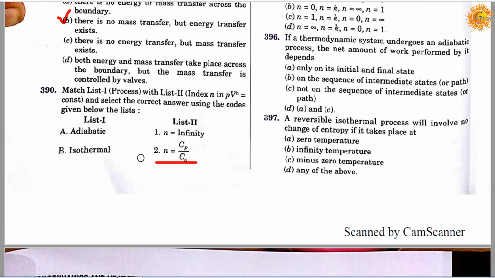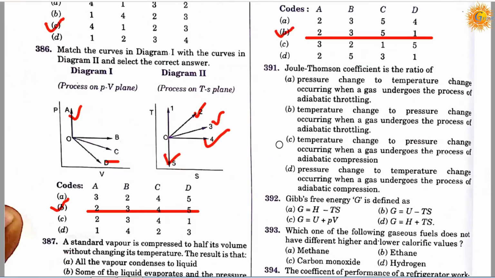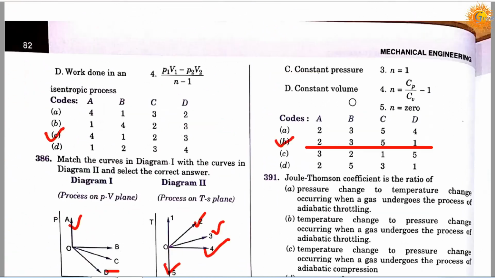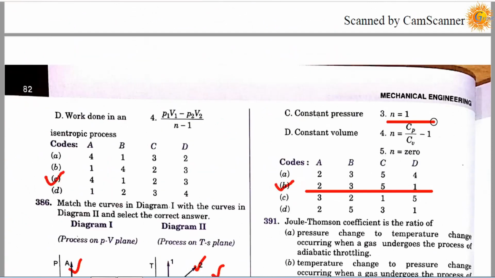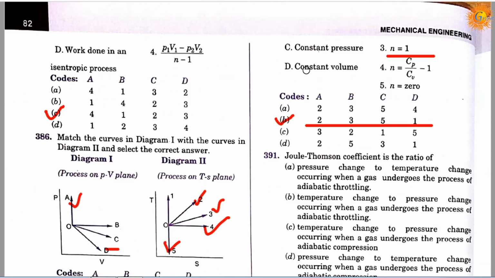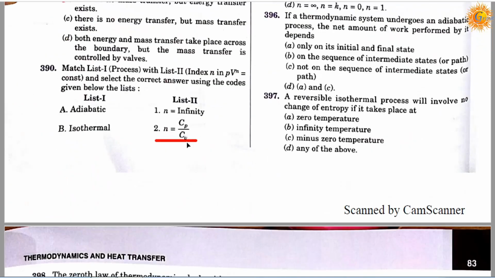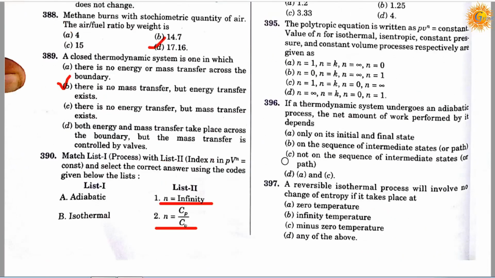Option B is isothermal, which happens when n is 1. Option C is constant pressure, which happens when n is 0. And the constant volume process happens when n is infinity.